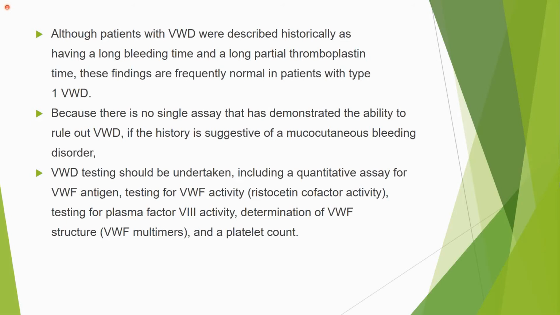So whenever you are suspecting von Willebrand disease, you don't just go for the von Willebrand factor assays. We have to check the factor level, factor activity, as well as the factor 8 levels to make a complete diagnosis.